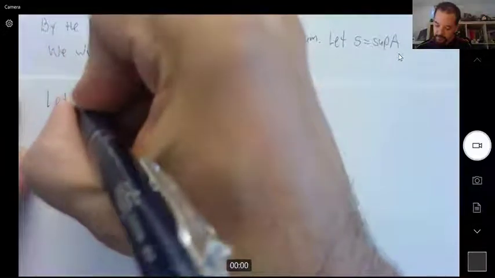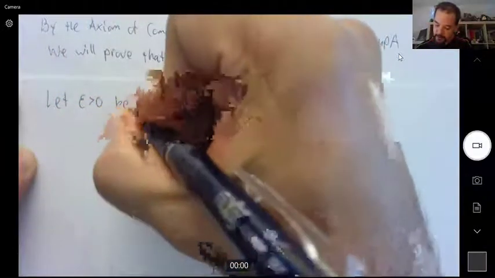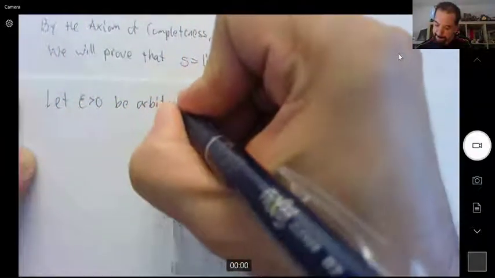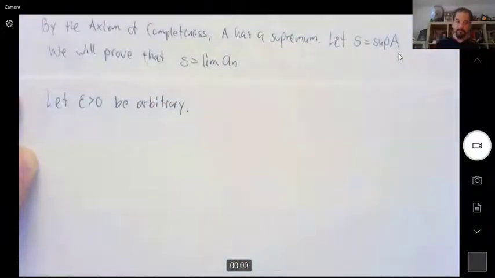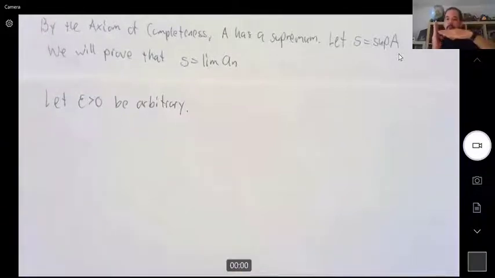So let epsilon greater than 0 be arbitrary, right? Now, we're going to use our famous lemma 1.3.8, the one that characterizes the supremum. Remember that? That lemma said that if you take the supremum and you move a little bit to the left, you surpass an element of the set, right?